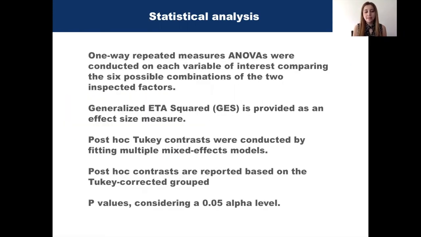For statistical analysis, we performed one-way repeated measures ANOVAs on each variable, comparing the 6 possible combinations of the 2 inspected factors. Generalized eta squared was used to provide an effect size measure. Post hoc contrasts were made by fitting multiple mixed effect models, and post hoc contrasts were based on the Tukey-corrected group. We considered a 0.05 alpha level.